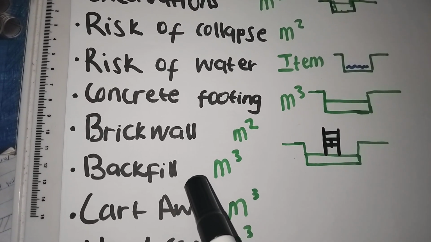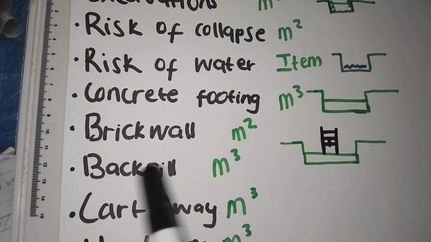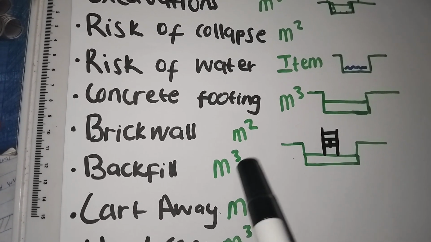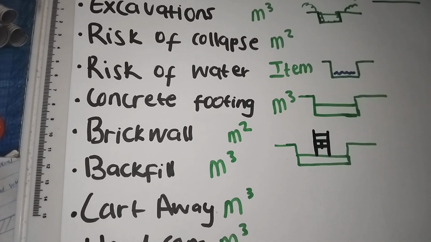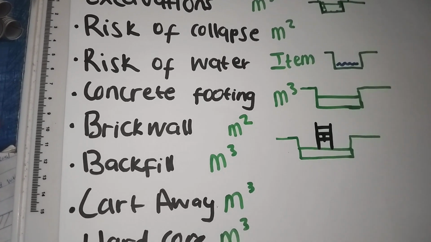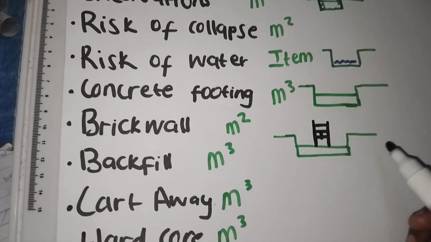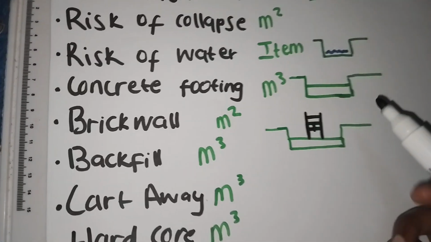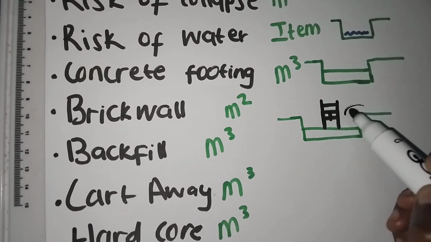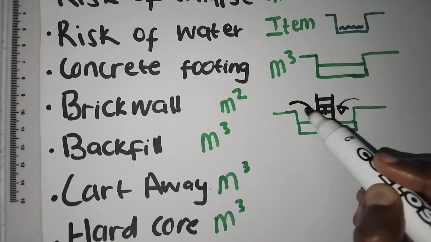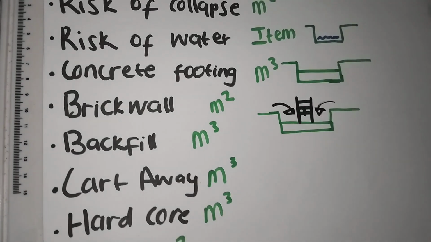So as you can see, the brick wall is in meters squared, and then the backfill is going to be meters cubed. If I'm not mistaken, I will check that to be correct, right? So yes, on backfill, you're calculating the soil that's gonna be needed to refill up to this point.